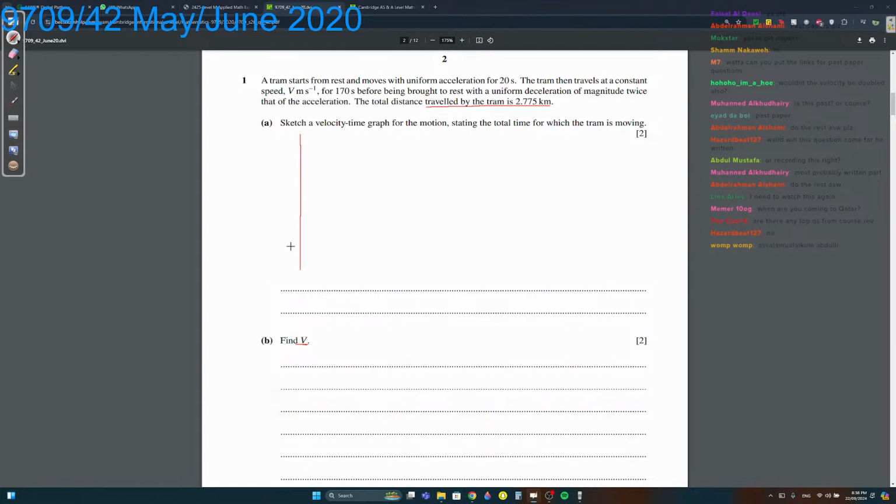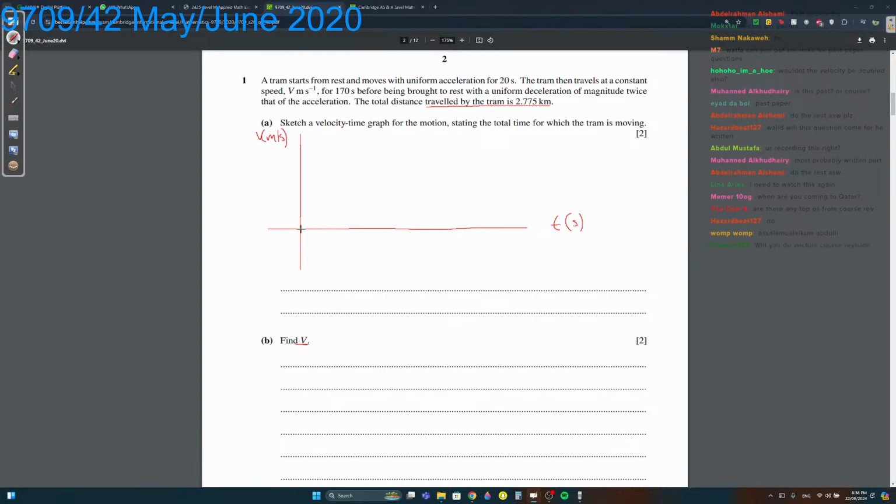It's not going to be exact. It went up, up until V. This is 20 seconds. Then it was like this, up until 190. And then at 200, it went down. The total distance traveled here is 2.775 kilometers.